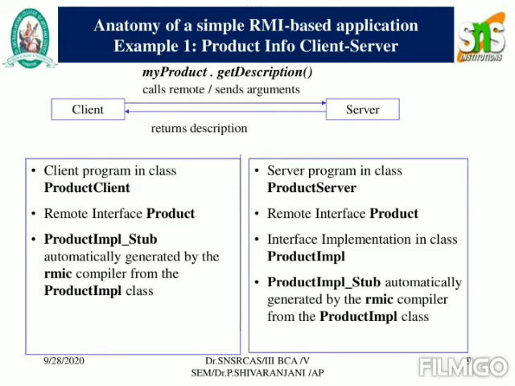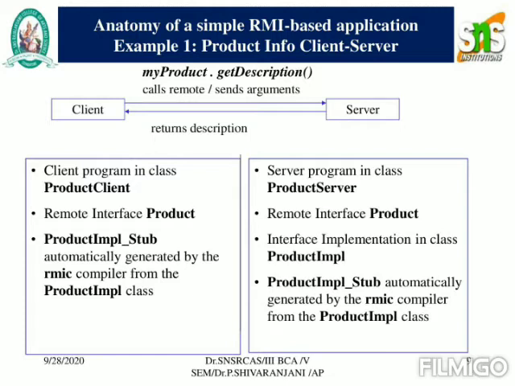So here we'll summarize how this works. The client program is in the class called product client. The product interface, the remote interface, makes use of a class called product. Then the product impl stub is automatically generated by the RMIC compiler from your product impl classes.